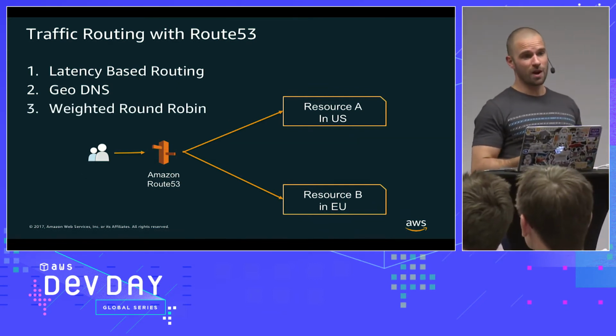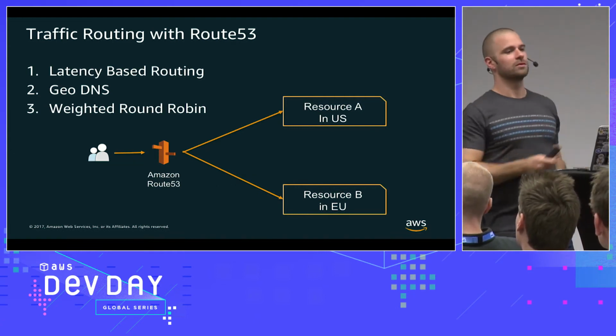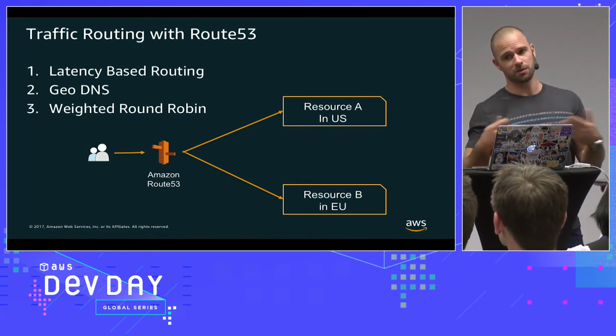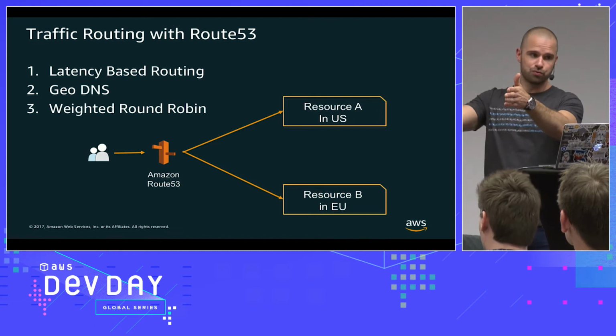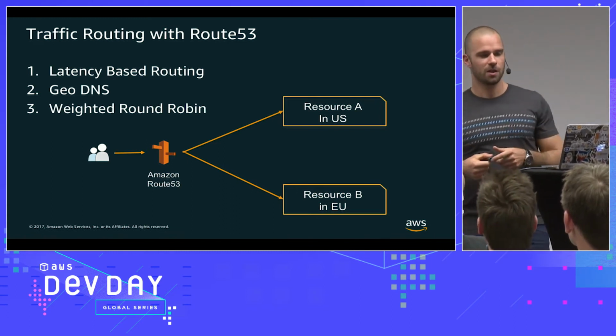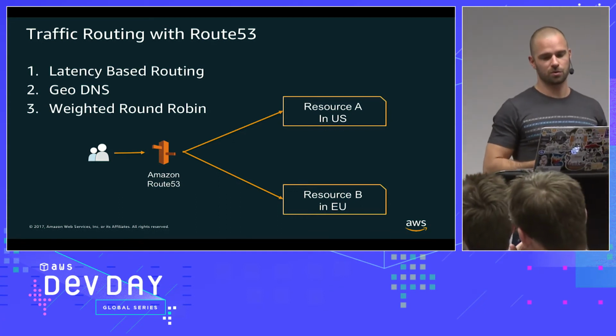There is also weighted round robin, which is a classic. We can go round robin, but you can have a weight as well. So you can say 90% here and 10% here, right? So it will be able to route the traffic to those two resources.